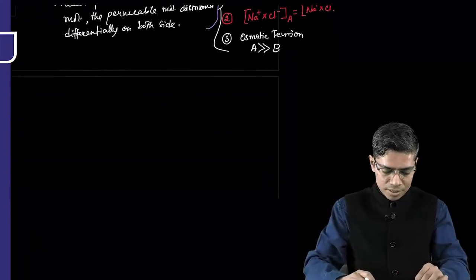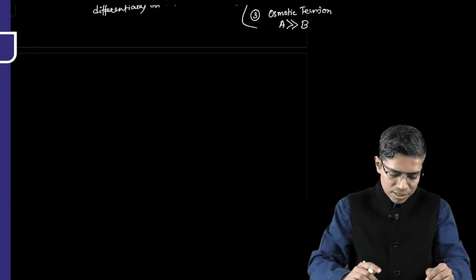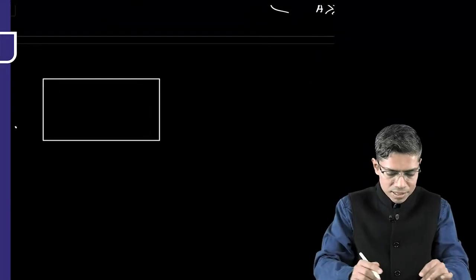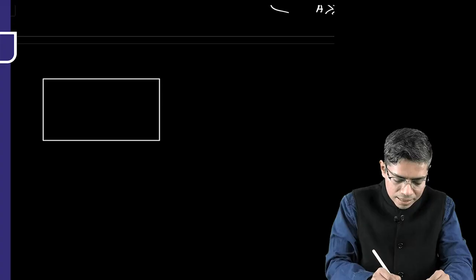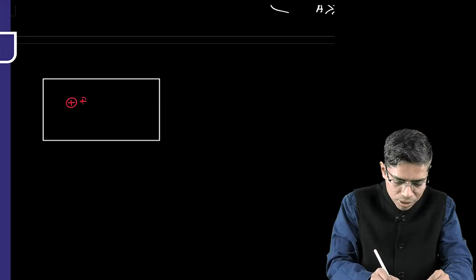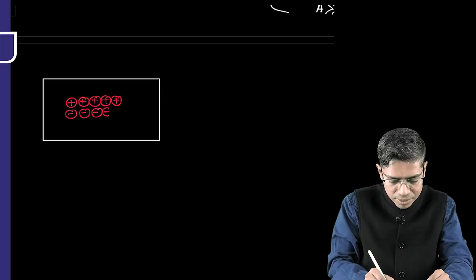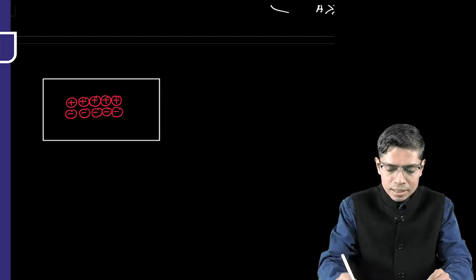Try to understand. Now I am drawing one cell here. So this is one cell. In this cell, I am saying that if I look at the ICF, the total number of positive charges will be equal to the total number of negative charges. That is the meaning of electroneutral. Getting my point?